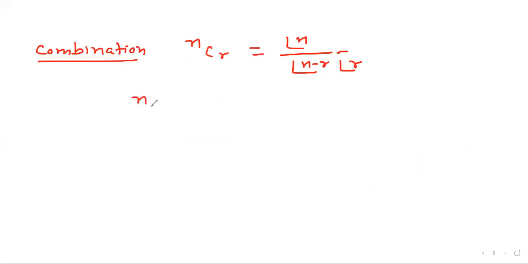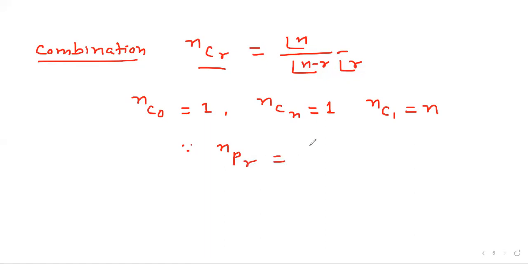Here nC0 will give 1. nCn will also give 1. nC1 will give n.